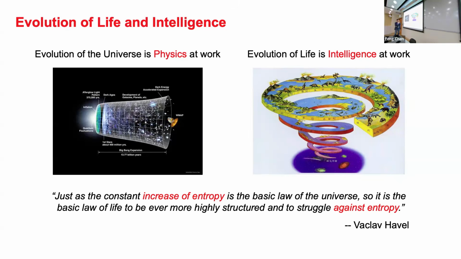So is the basic law of life to be ever more highly structured and struggle against entropy. 所以这句话实际上解释了2个很有趣的现象。宇宙的熵是逐渐增加的，这是热力学第2定律，对不对？The second law of thermodynamics。一个封闭系统的熵一定是熵增的，随机性会越来越大，最后达到一个平衡态，就是半杯热水，半杯冷水，最后温度自然会达到一起。那么 intelligent life is exactly opposite.